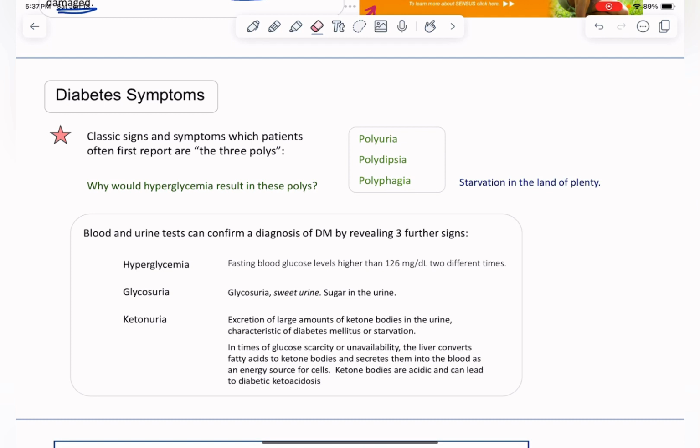So what are some of the symptoms of diabetes? Some of the classic signs and symptoms that patients report are what are called the 3 polys. Poly means lots of. So you can have polyuria, polydipsia, and polyphagia. What does polyuria mean?